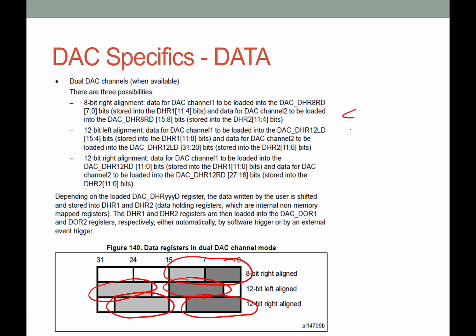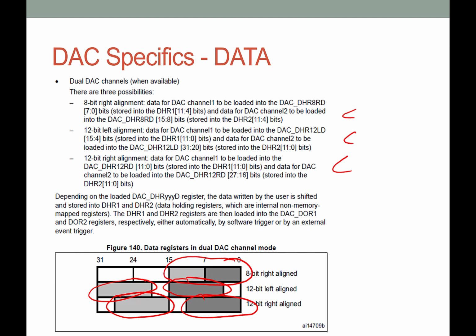That's all that's really talked about in these three things right there. It's similar to the other case. And notice, you can just have different values for the data holding registers that you're doing.